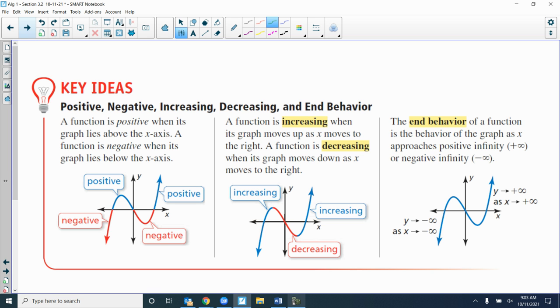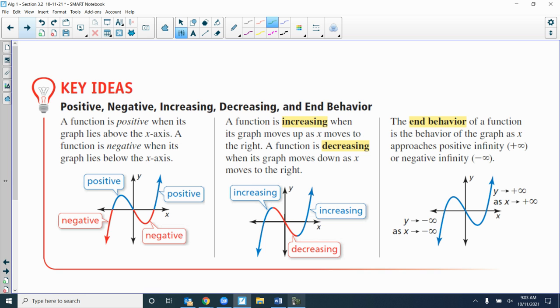Those are when it's above the x-axis. Negative is when it's below. So we can take this same graph and talk about it in 3 different ways. We can talk about where it's positive. Now, increasing. If you think about increasing, you read from left to right. Increasing is anything that's going up from left to right. That is increasing.